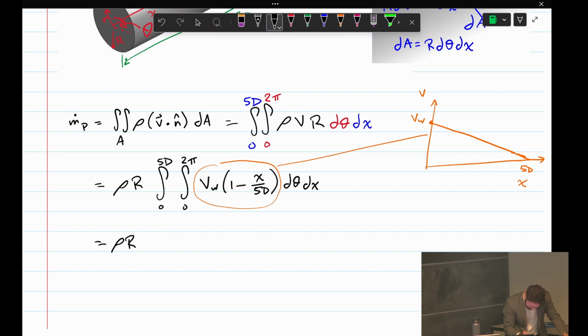So that integral 0 to 2 pi of d theta, the velocity isn't a function of theta, so that just becomes 2 pi, integral 0 to 5d. VW is also a constant, so that can come out. 1 minus x over 5d dx.